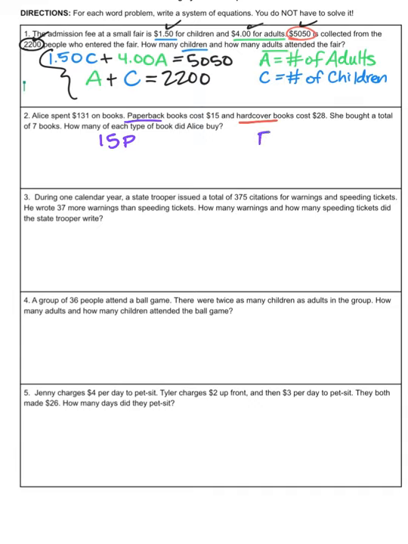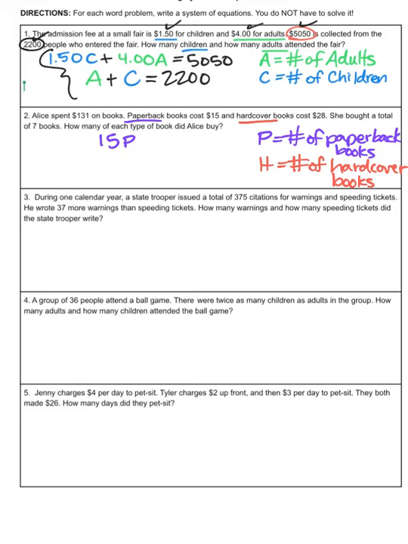So P, I'm going to write over here, is going to equal the number of paperback books, and H will equal the number of hardcover books. So if I hadn't done that, you might not be able to follow my logic with the equations I was writing.